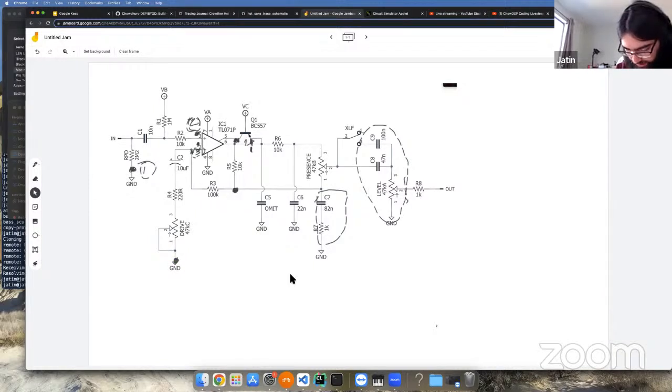Then here, yeah, we might need a node there as well, because we have a connection from 4 to the end of R6. And then from that node, we have ground again at the bottom of this C6 capacitor here. And then we've got a resistor going to this node, which is the middle of our potentiometer. And then from there, we have another node going to that node there.